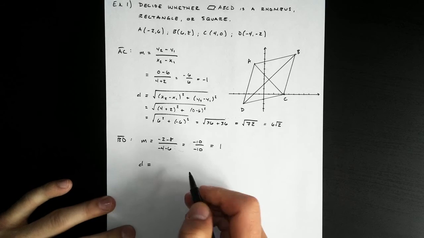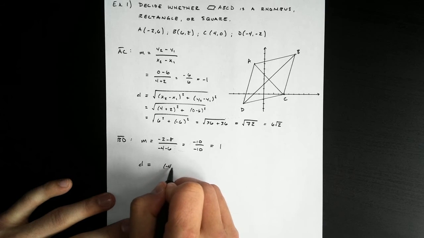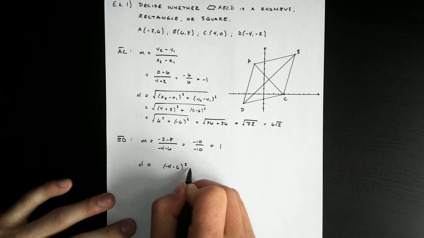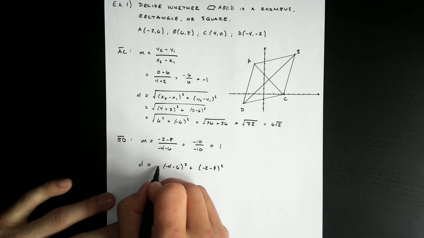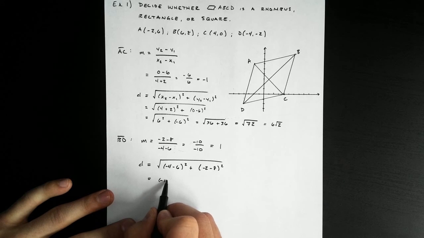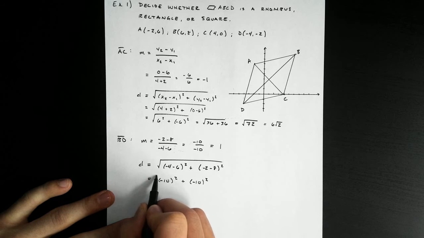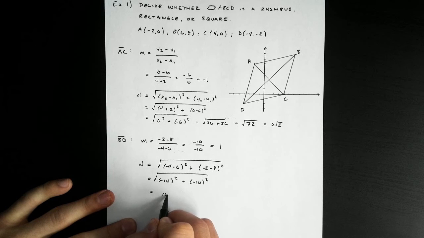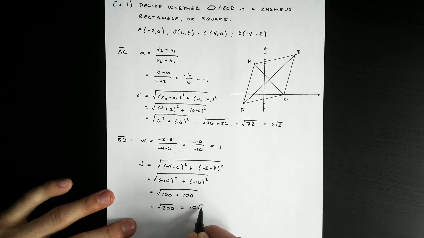And for the length of this diagonal, let's see our two x values, negative 4 minus 6 squared, the two y values, negative 2 minus 8 squared. So this is going to be a negative 10 and another negative 10, which is 100 and 100. So we end up with the square root of 200, which simplifies to 10 square roots of 2.